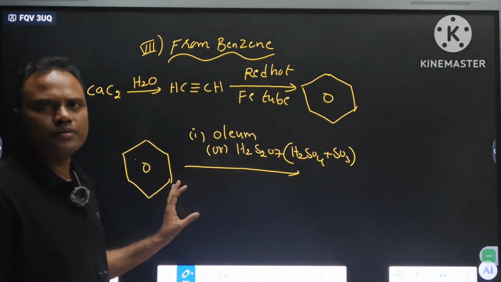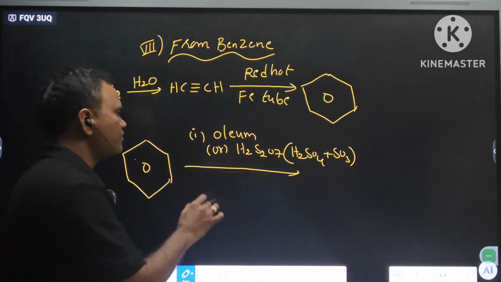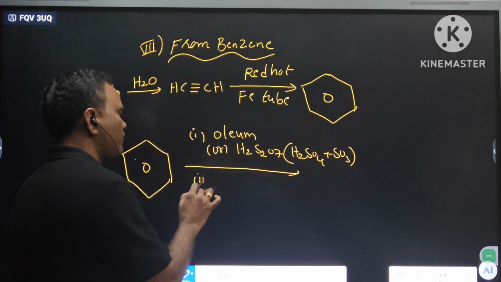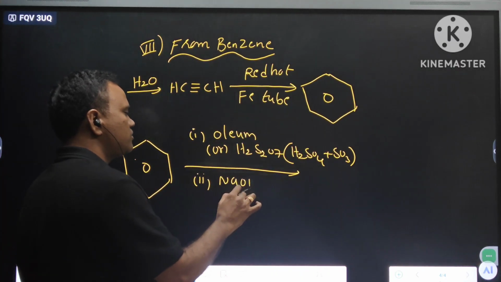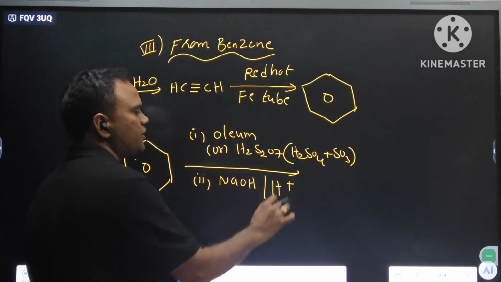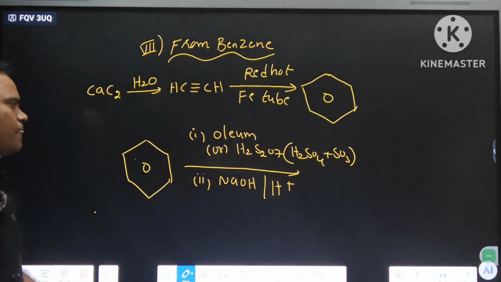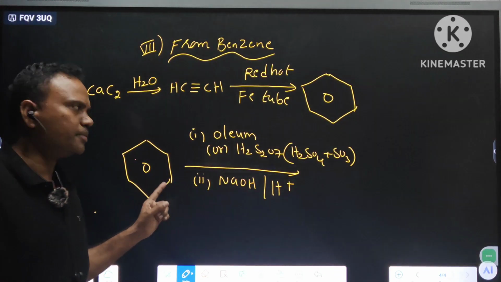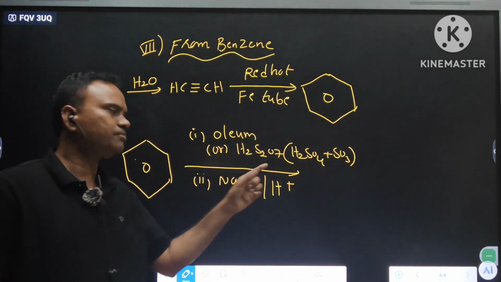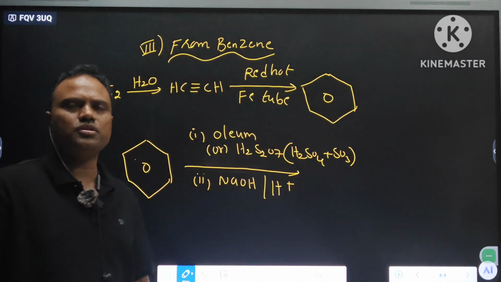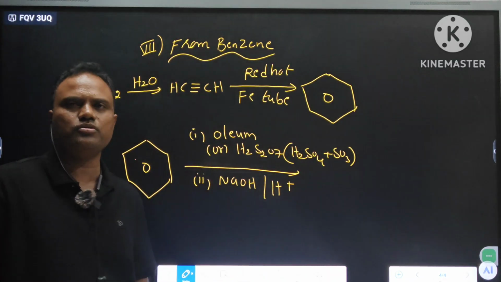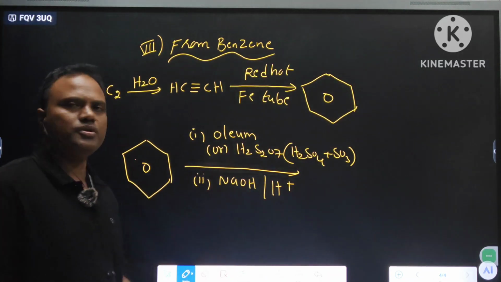So when benzene is treated with oleum followed by NaOH followed by acid treatment. So remember the reagents: benzene, oleum, NaOH, H plus. This combination will produce phenol from benzene.